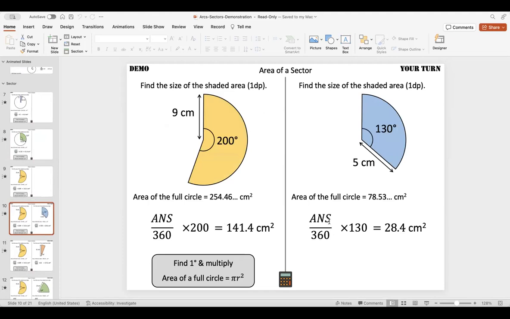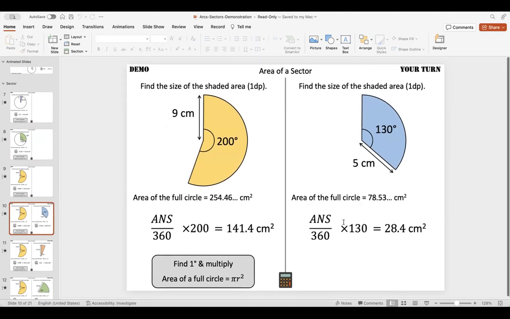So if the area of the full circle is 78.53, you divide the angle, 130, by 360, then multiply by 78.53. That gives you 28.4. That's the area of the sector.